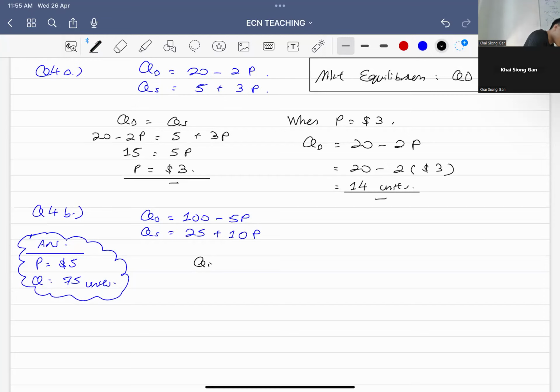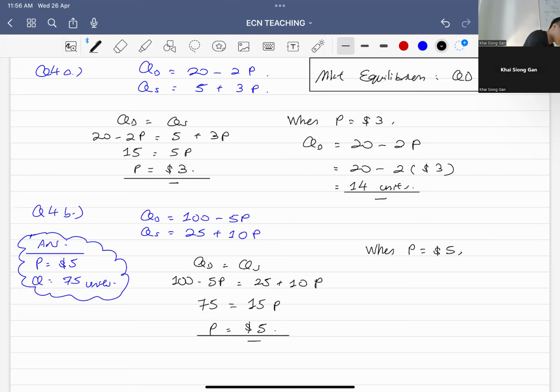So quantity demanded equals quantity supply. 100 minus 5p equals 25 plus 10p. So do the algebra. Then substitute into any of the equations.